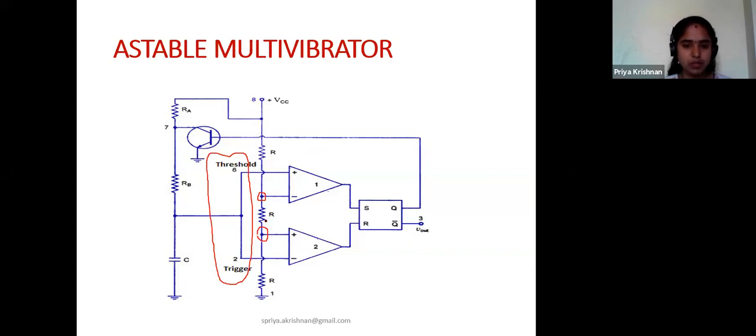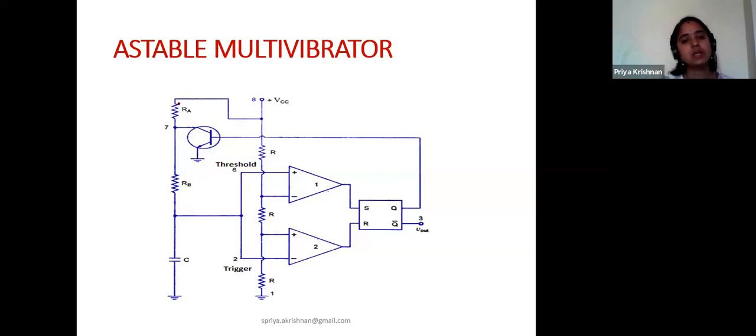So we have the 3 potential dividers. Guys, I hope you are able to follow. We have 3 potential dividers, then 2 comparators, then 1 flip-flop, and then 1 discharge transistor.